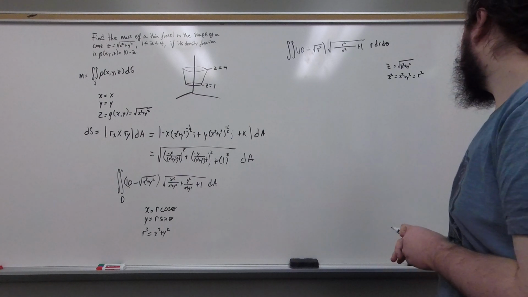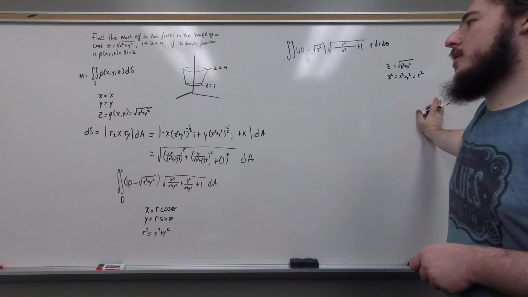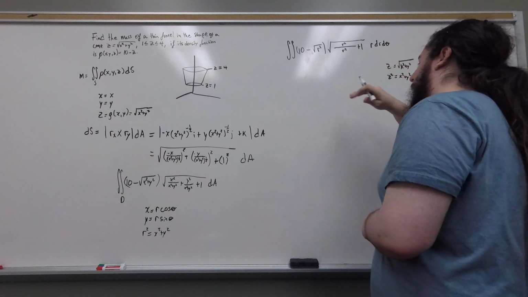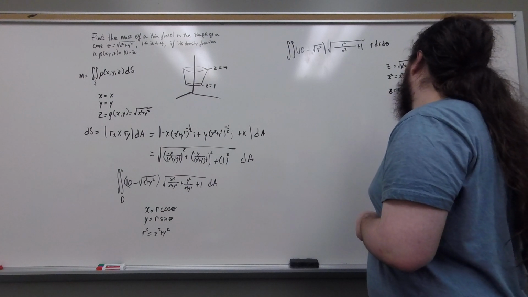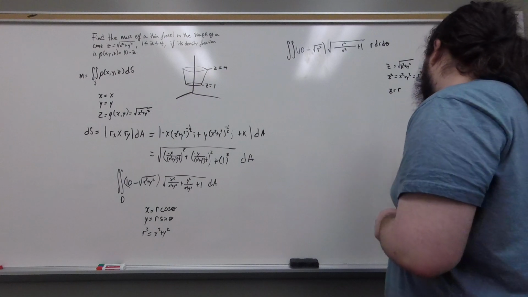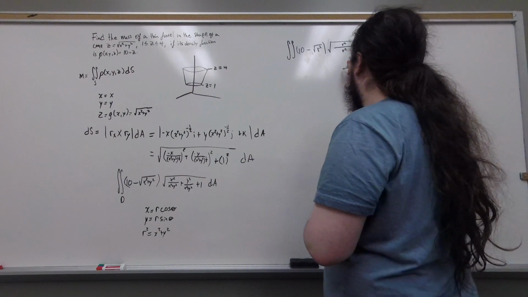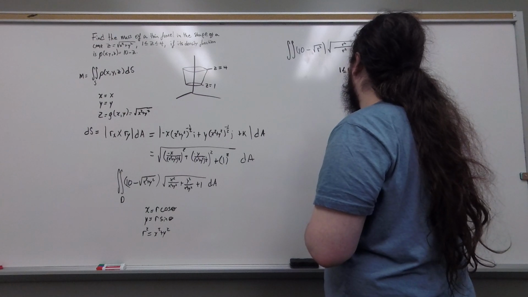Because both z and r in our case are positive based off of our bounds for z, we can say that z is equal to r and use the bounds for z as our bounds for r. So we have 1 is less than or equal to r is less than or equal to 4.